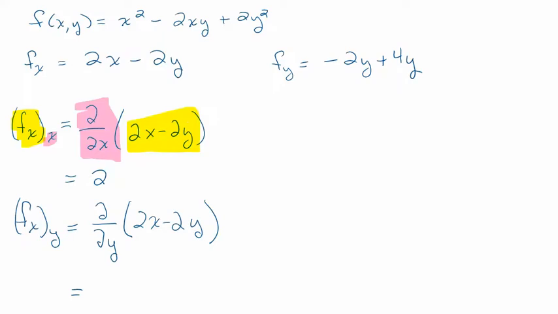That's going to give me 0, and then the derivative with respect to y of the second term is just negative 2. All right, why don't you try these? So take f yy and then f yx. Maybe pause the video and then start it up when you have your answers.